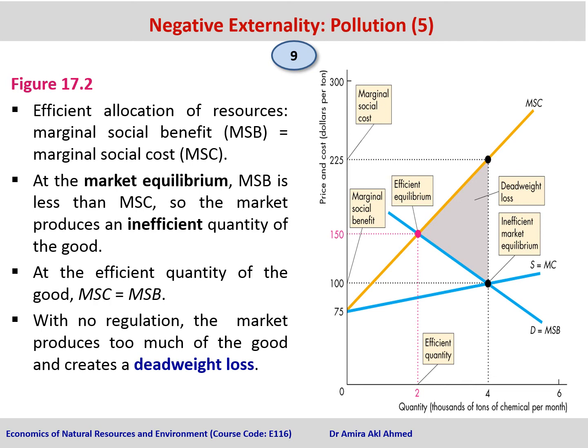Thus, the efficient outcome occurs when the quantity of chemical produced is 2,000 tons a month. Therefore, the unregulated market overproduces by 2,000 tons of chemical a month and creates a deadweight loss shown by the gray triangle.